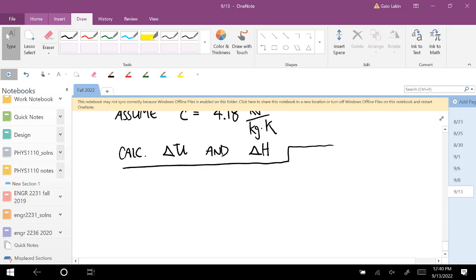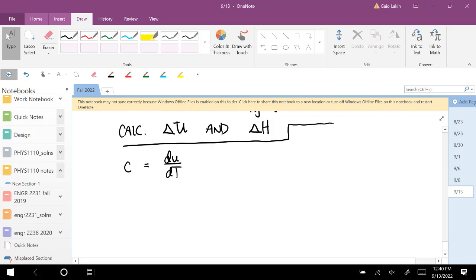All right, so we're going to use this definition for incompressible materials that says C is equal to du dt. Since we're assuming this is constant, we can think of this as du is equal to c dt and integrate both sides.